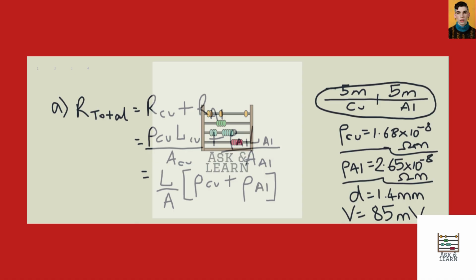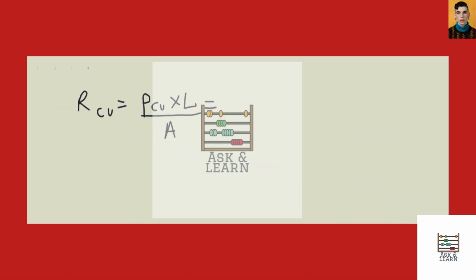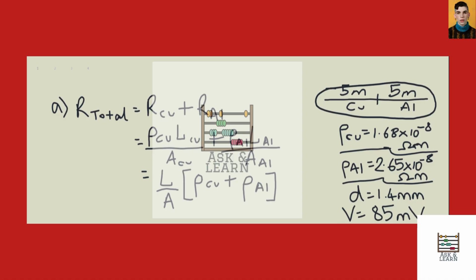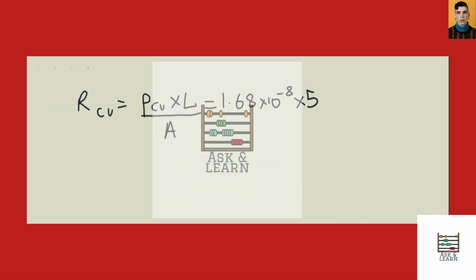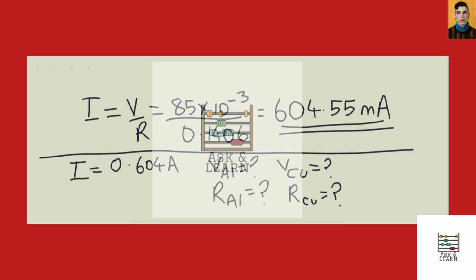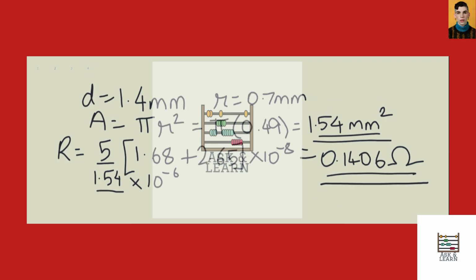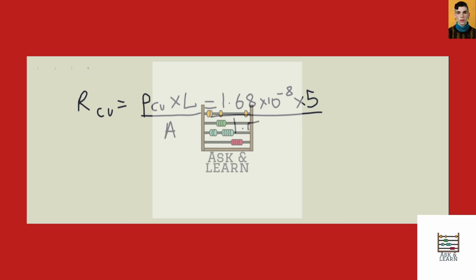Now for copper, it's 1.68 times 10 to the negative 8, and the length is going to be 5 meters, and the cross-sectional area is going to be 1.54 times 10 to the negative 6.